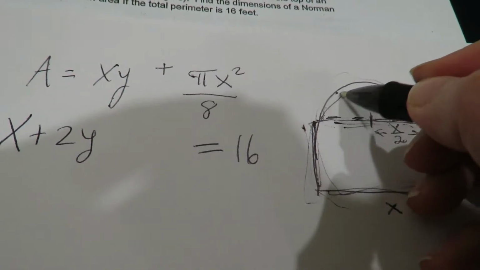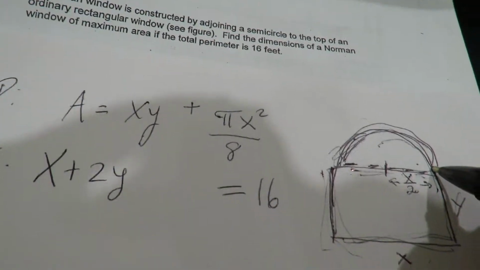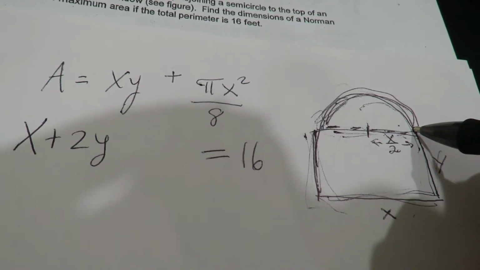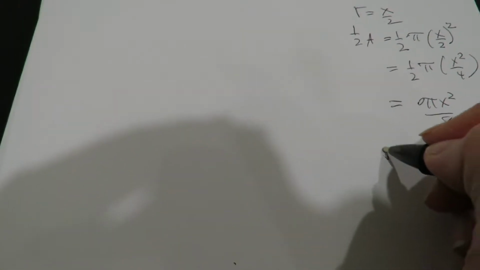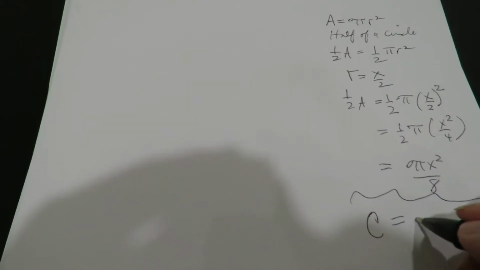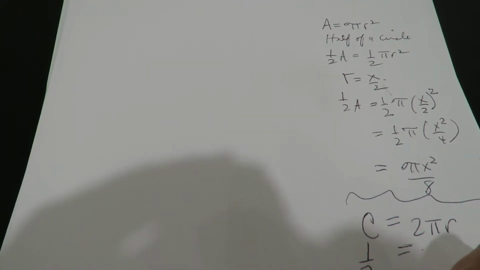Now we have to do the perimeter of the circle part, which we really call circumference when we talk about a circle, but that's okay. The circumference of a circle is 2 pi r, but we only have half of a circle, so it's half of the whole way around.